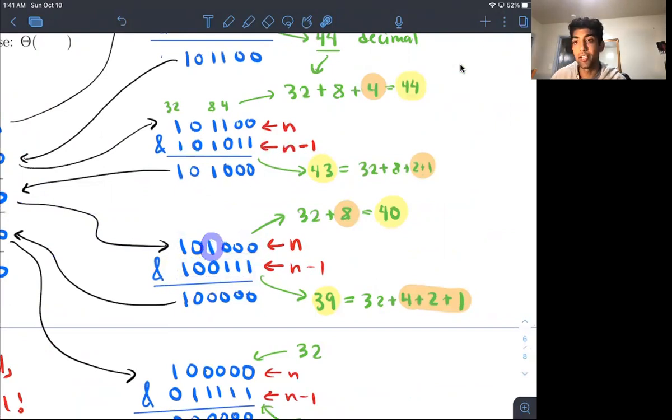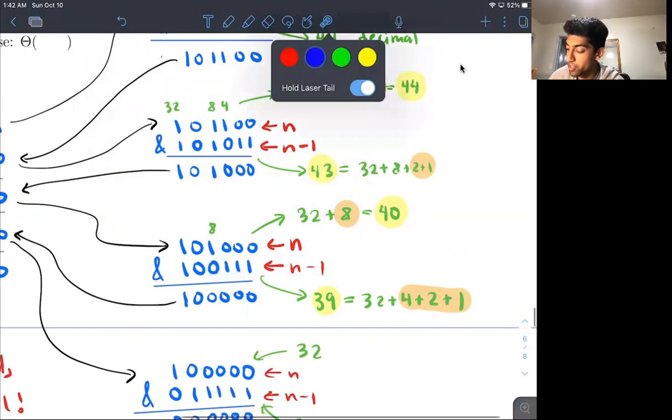The reason we lose the rightmost 1, and this is always going to be the case when I AND n and n minus 1, is that n minus 1 in these last 4 bits is going to be flipped from these last 4 bits, right? Because in n, I have an 8 here, so in n minus 1, I should have a 7 in these last 4 bits.